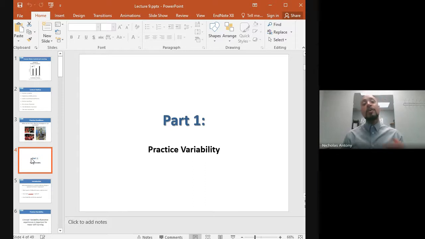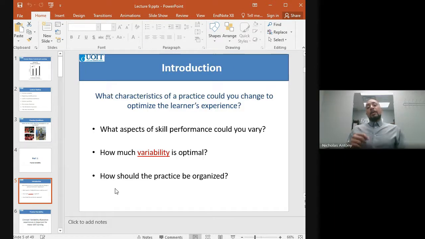Okay, so this brings us into the concept of practice variability, or varying practice allows for maximizing learning. We're going to get into it, but why do you think that variability within practice leads to better learning?